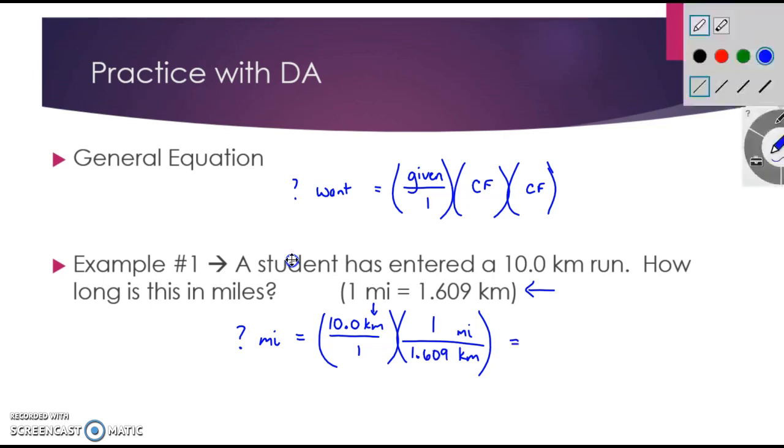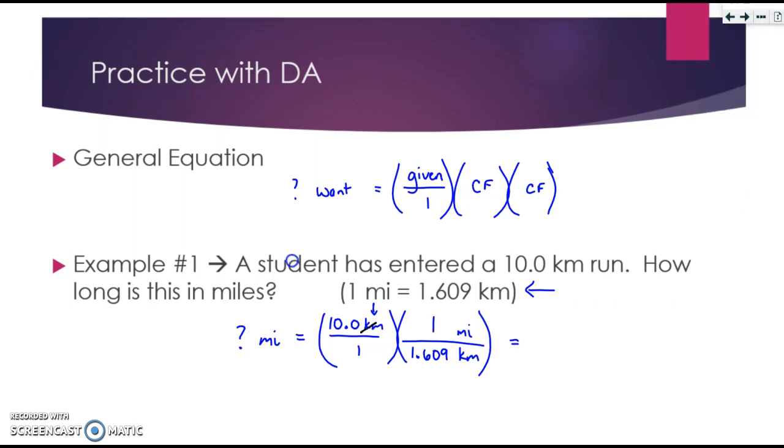If you find it helpful, you can cross out the units, so the km's go away, and then you solve the problem mathematically however is easiest for you. For me, since there's a number on top and there's a number on the bottom, I just divide, because I know that that's division. So I go through and I solve the problem. You're going to get something like this.